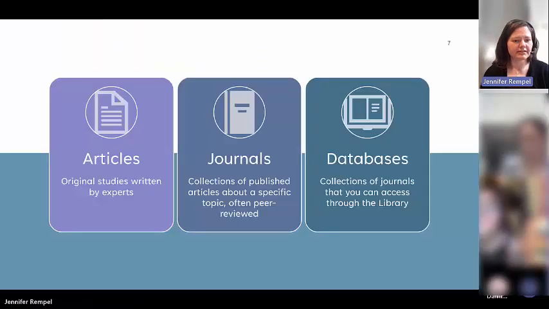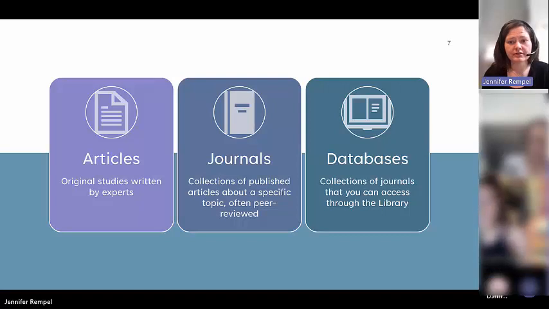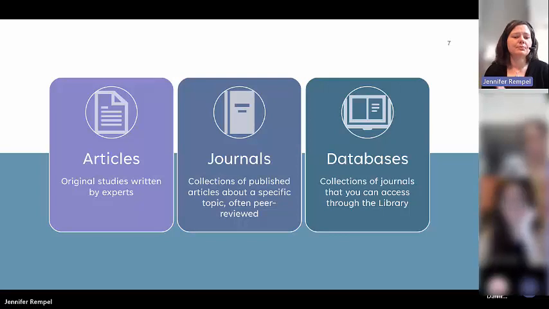We also discussed last week articles, journals, and databases. Again, this will be useful for a bit of a refresher. A journal article, scholarly article, is an original research study written by an expert or experts in their discipline. Articles are typically published in journals. Journals, again, are usually a subject-specific collection of usually peer-reviewed items that are published on a periodic basis, maybe 12 times a year, twice a year, that kind of thing.